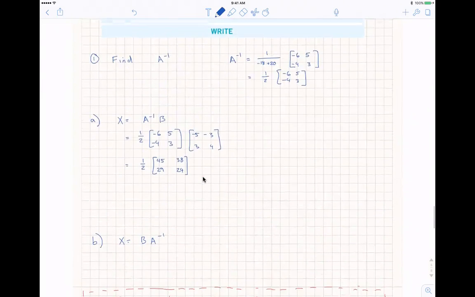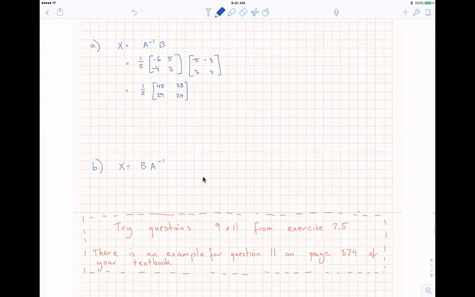so if we answer part B, we're going to have to flip the solution around. Instead of going A inverse times B, this time we're doing B times A inverse.